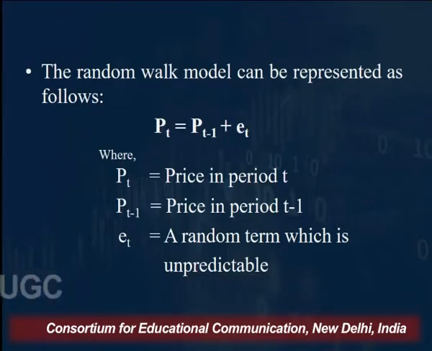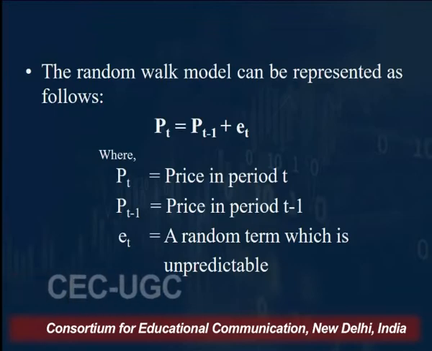That is, by studying the past share price behavior, you cannot judge the future price. So the past trend is no indicator of a future price. Any random factor will happen, and that will lead to a change in the share prices.